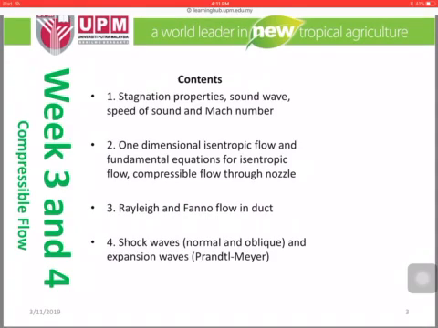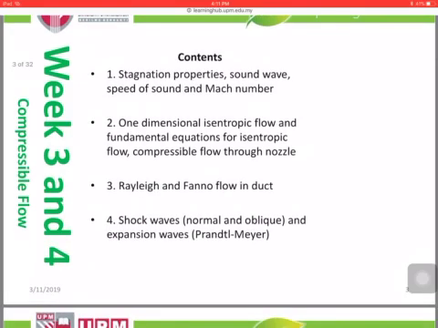So this is the content for the week 3 and week 4 lecture. We have learned about stagnation properties, sound wave, speed of sound, and Mach number. And also one-dimensional isentropic flow, fundamental equations for isentropic flow, and compressible flow through nozzle.